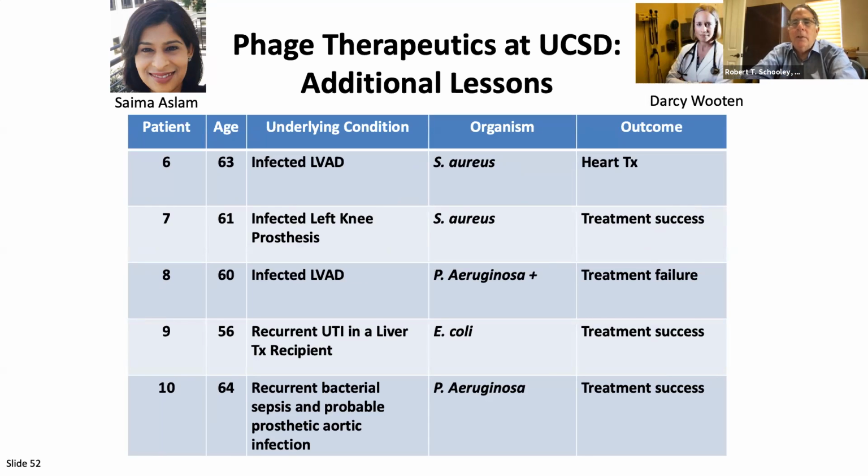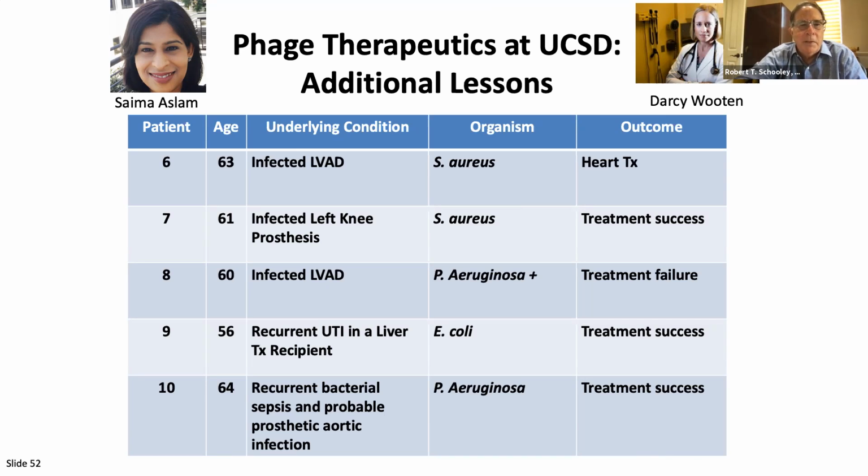And phages actually are very disruptive to biofilms. And one of the things that phages are good candidates for is to be used along with antibiotics to disrupt the biofilm and to allow the successful treatment of infections that otherwise couldn't be reached because of the biofilm that was created on an implanted device.